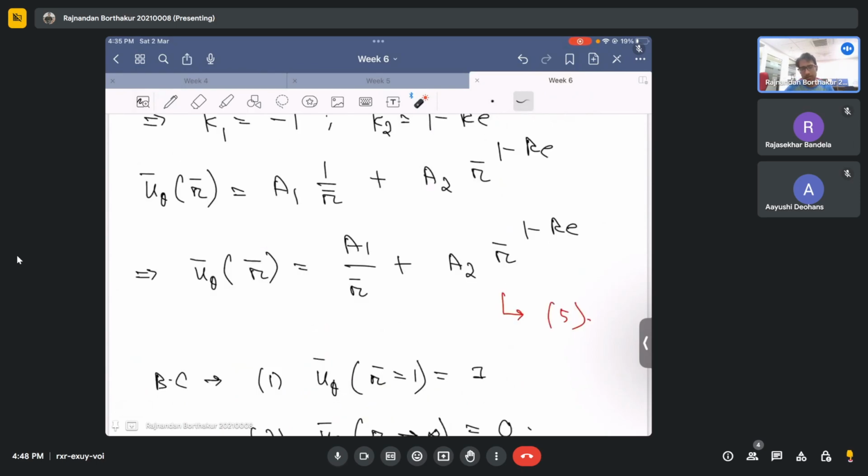But I will look in the literature and try to come up with the answer in the next class, on how we go on in this problem for Reynolds number greater than one, or for inertia dominated flows. If you have any other questions, you can ask, or else we will call it a day and proceed in the next week of this course.